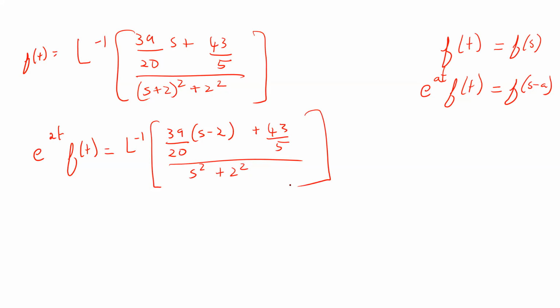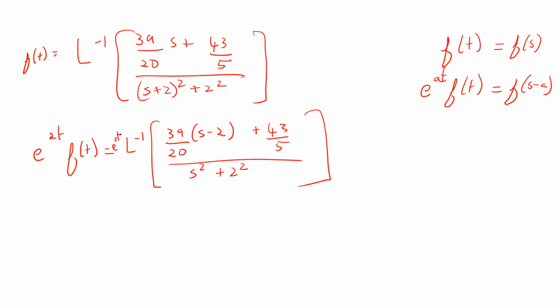So now we can easily find the Laplace inverse of this quantity by simplifying this equation. I multiplied by e power 2t, so therefore on this side also I have to multiply by e power 2t.